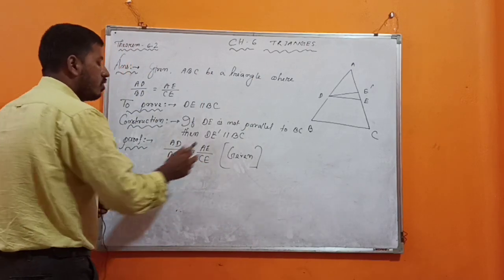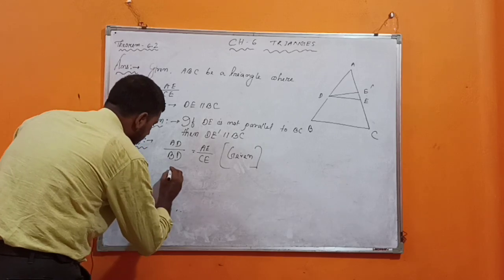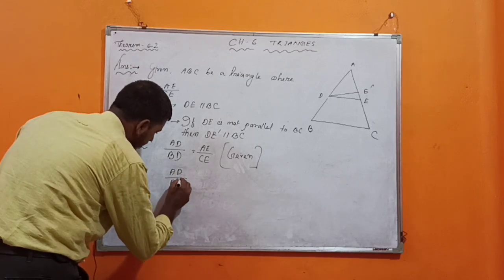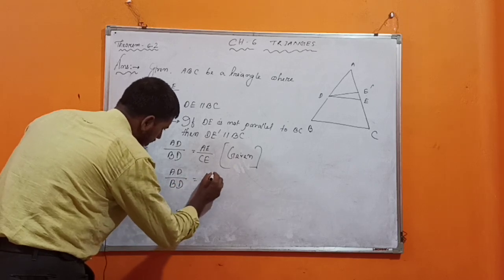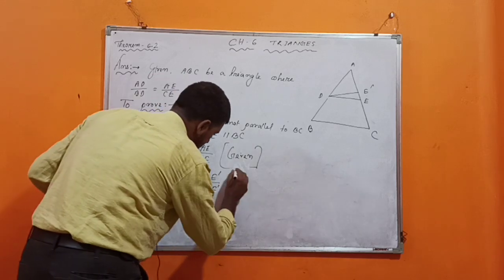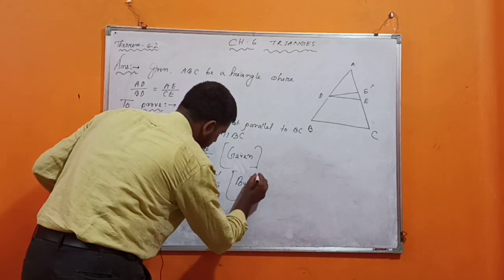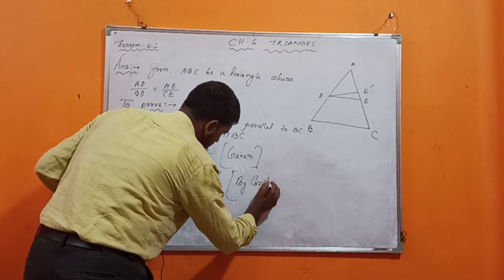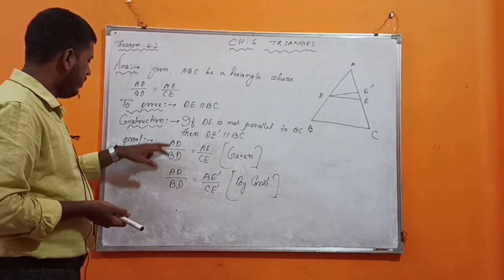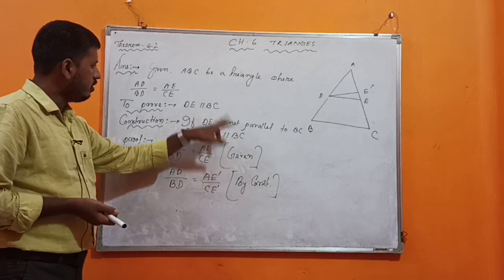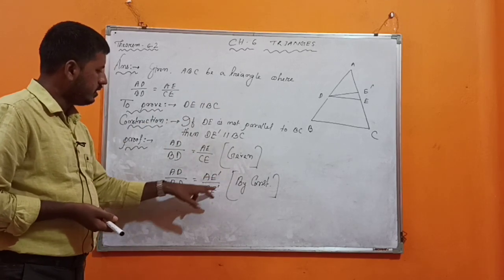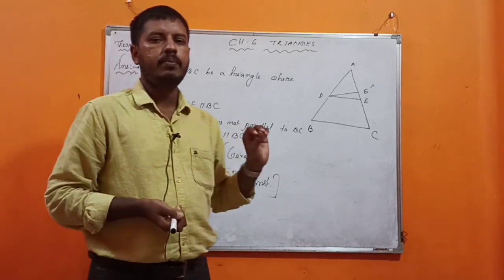Okay, in our construction we can write AD by BD equal to AE dash by CE dash. Look at this, by construction. So AD by BD equal to AE by CE, it is given in the question. AD by BD equal to AE dash by CE dash, it is also from construction I have written.